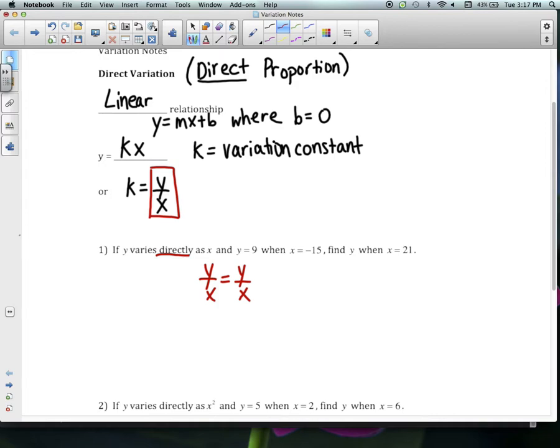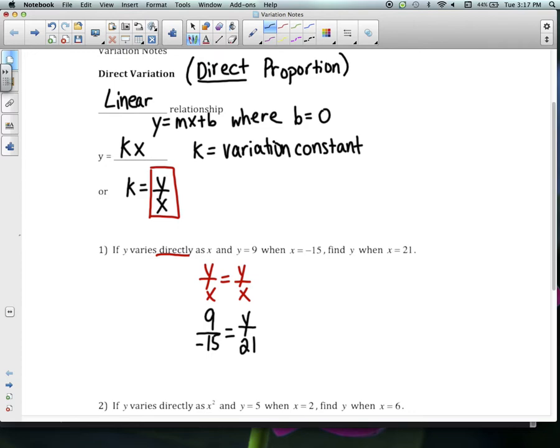So in this first one it says if y varies directly as x and y is 9 when x is negative 15. So we can fill that into the first half. And then it says find y when x is 21. So we don't know y. Set that equal y over 21. Once you get this set up, it's just as easy as solving your proportions that you've done before.